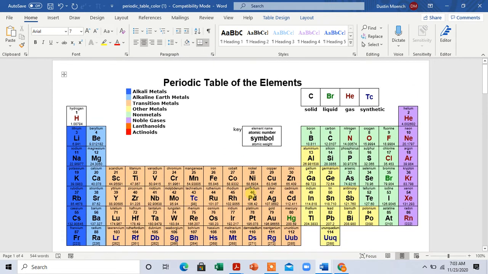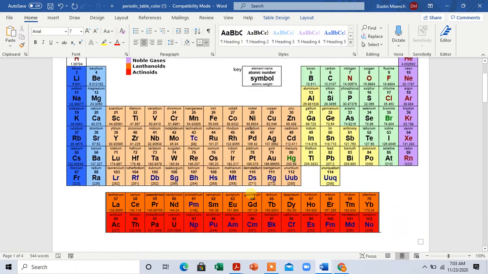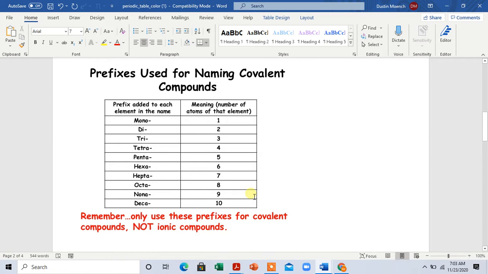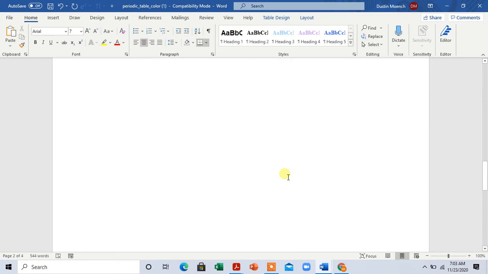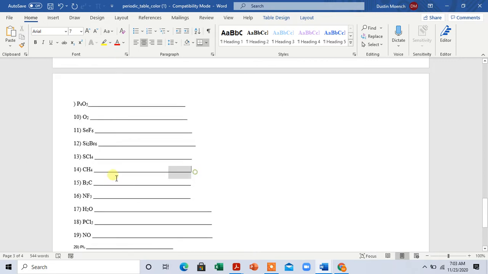All right. So again, the two things that we'll always need for covalent compounds are our periodic table, and a prefixes chart that you'll always be given for a quiz or anything like this, because we're going to talk about how these prefixes are going to be really important. So we're going to talk about naming covalent compounds, and then we'll do some examples.